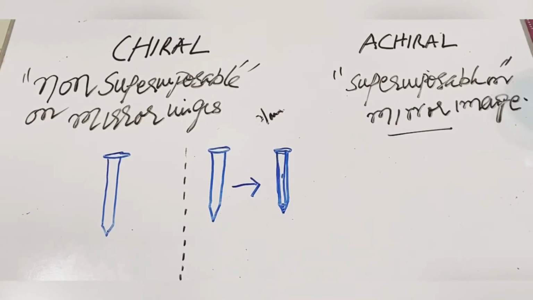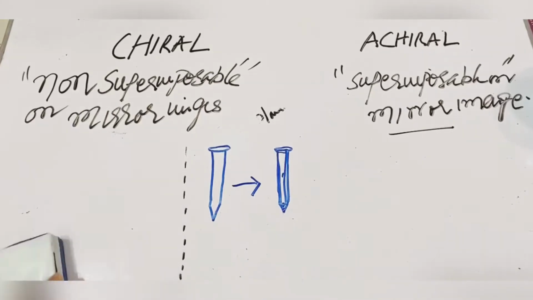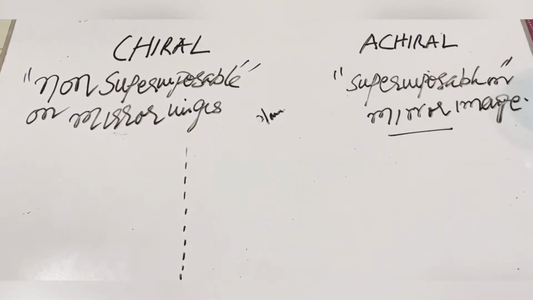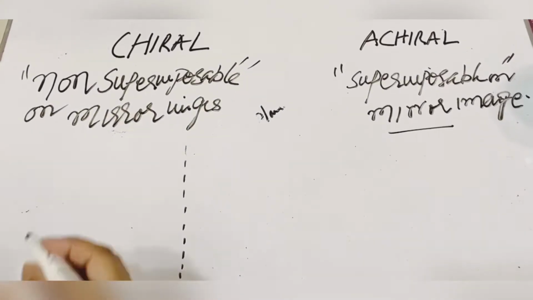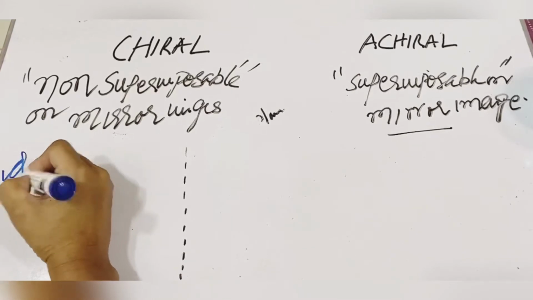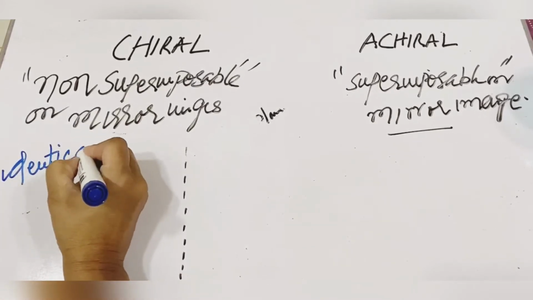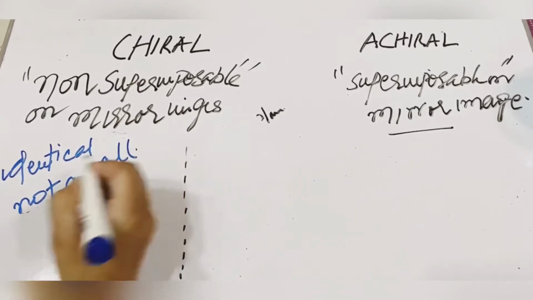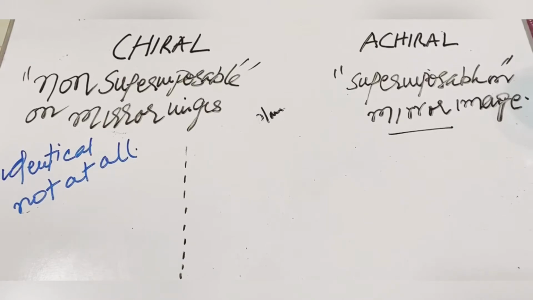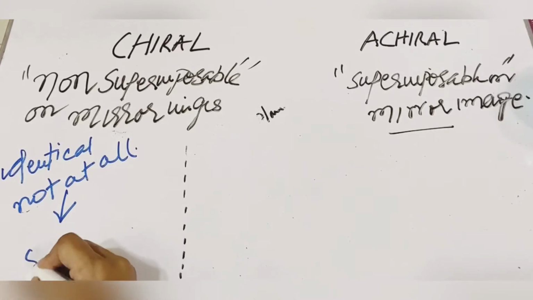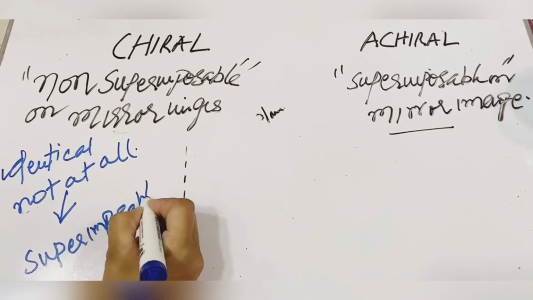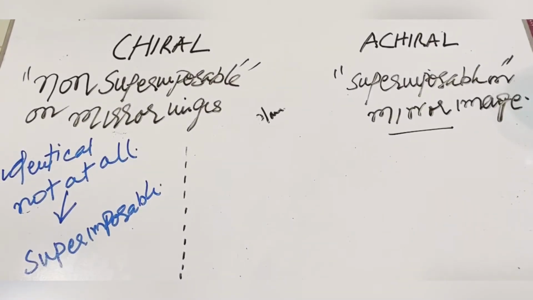So I hope you are getting my point. So a chiral object is not at all identical to its mirror image. This is one of the very important aspects. An achiral object is superimposable on its mirror image.